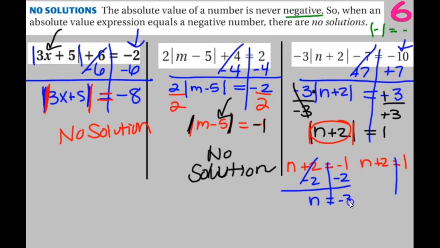Negative 1 and a negative 2, that makes negative 3. Same thing here. We have n equal to a negative 1. And those are our two answers. If you're not sure if you got it right, plug them back in to see if it works to become equal.